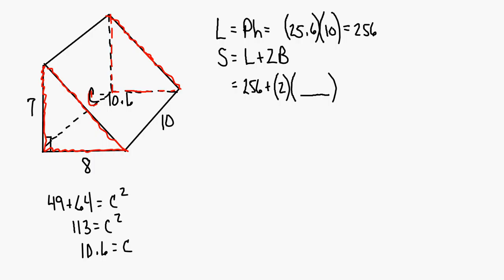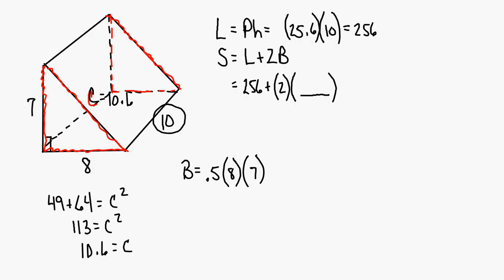So your big letter B, area of the base, is going to be equal to 0.5 times the base times the height. This gets confusing sometimes. Now you're talking about this triangle, and its base and height are 8 and 7. Don't get that confused with the height of the prism.